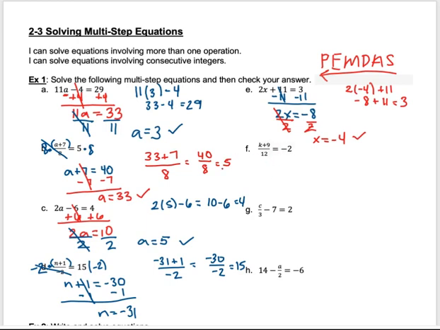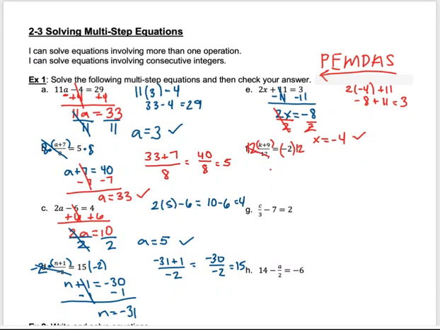F is very much like B and D, where I have these invisible parentheses, these invisible grouping symbols up here at the top. So now I'm going to go ahead and get rid of this 12 first. So I'm going to multiply both sides by 12.